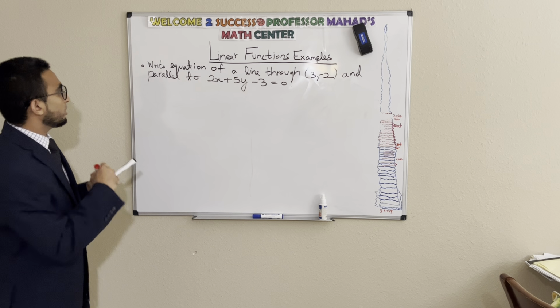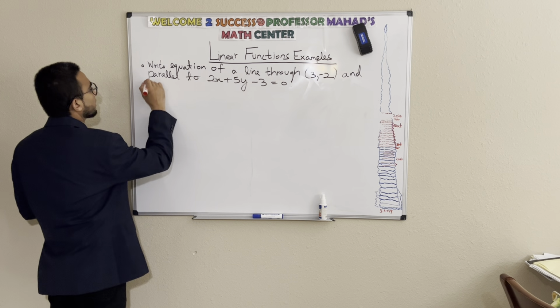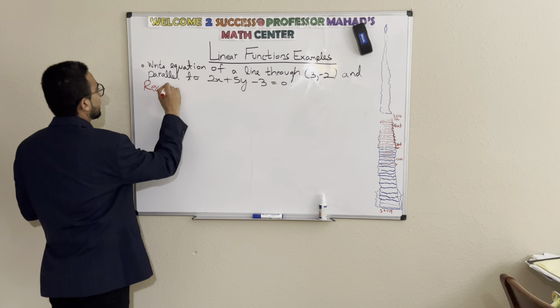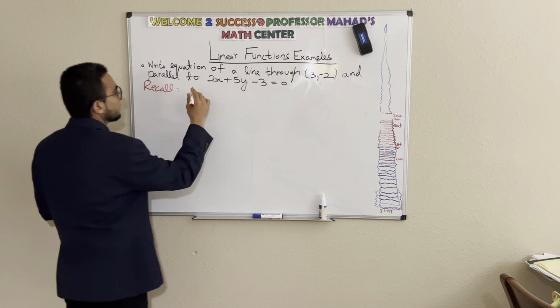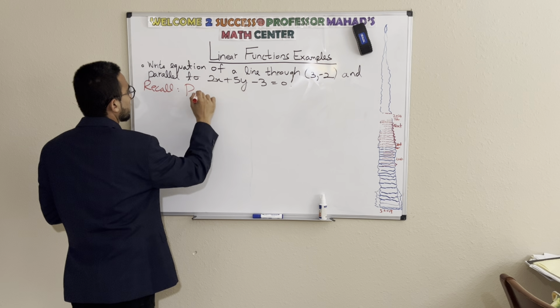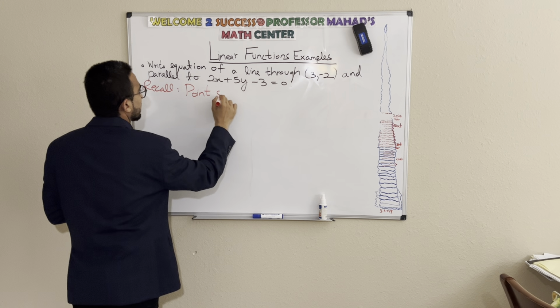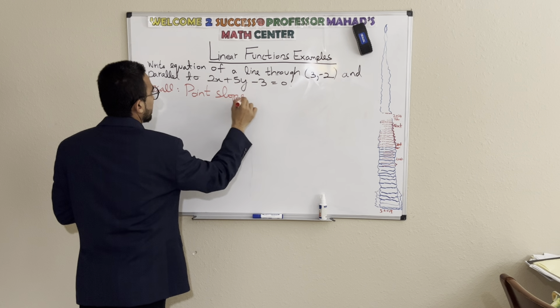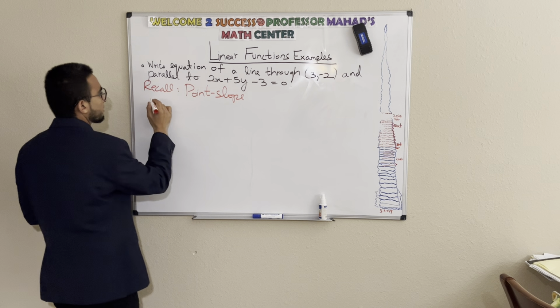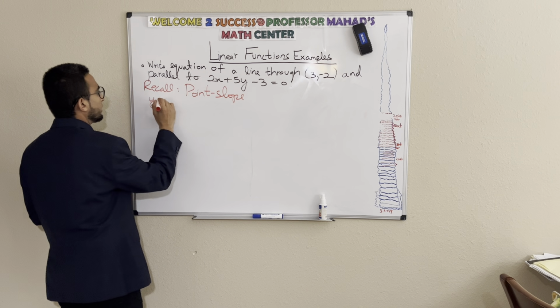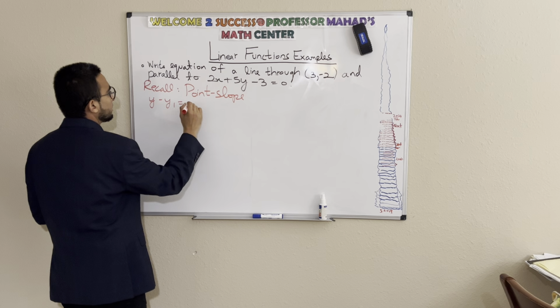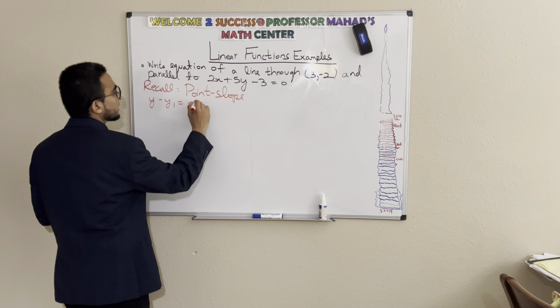Do you guys recall the point slope form, which is y minus y1 is equal to m times.